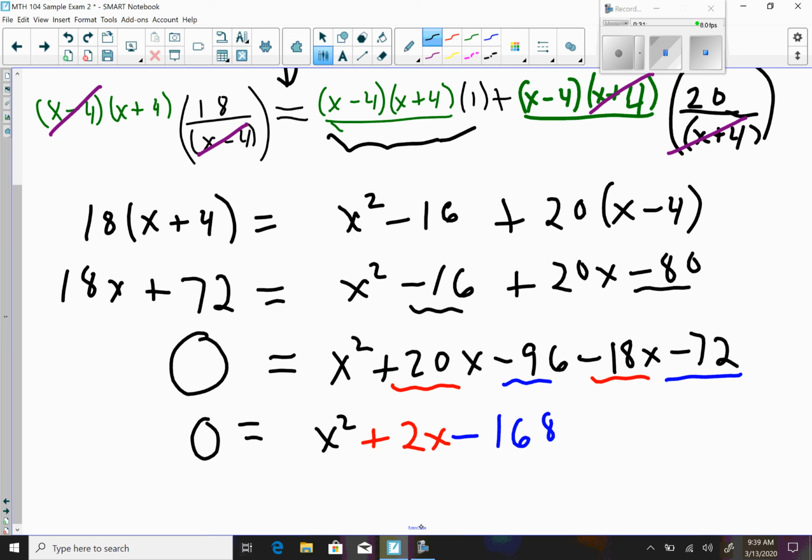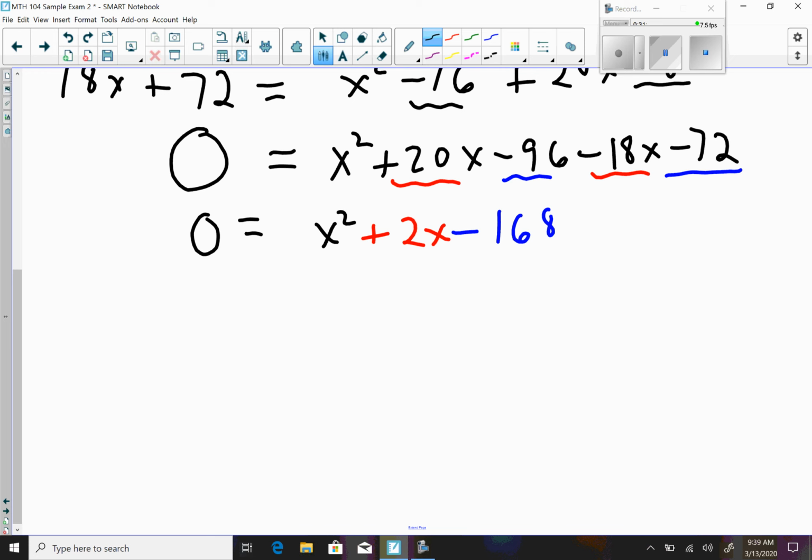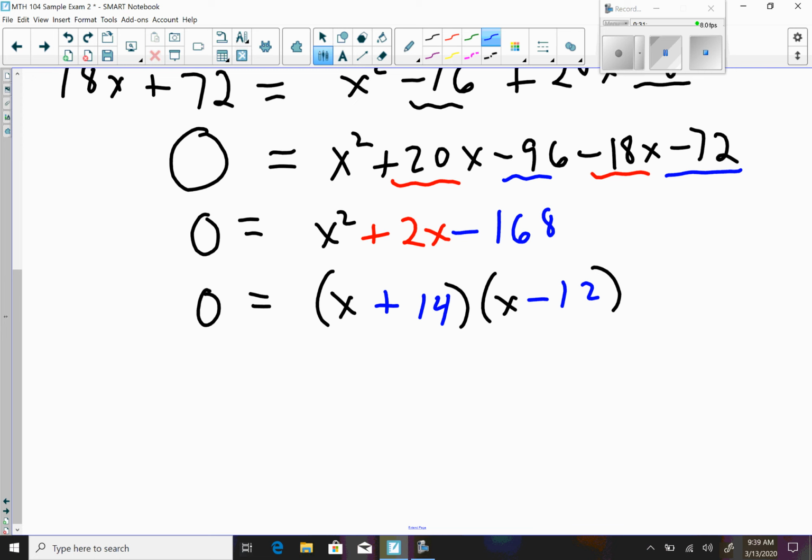And now, just like the first two questions on this test, we're going to factor. See x squared, so we're going to write x times x. And this is a challenge to think of two numbers you multiply to get 168. I'm going to try 14 times 12. Positive 14 times negative 12.